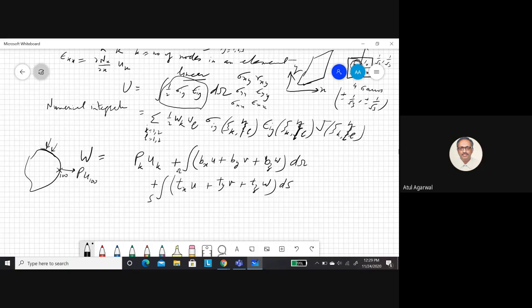Suppose this is part of an element, then you will have to say P into shape function, at position 100, whatever the local coordinate is. Suppose xi and eta are the local coordinates. So you will have to calculate N_i u_i. So these N_i correspond to the xi eta coordinate.